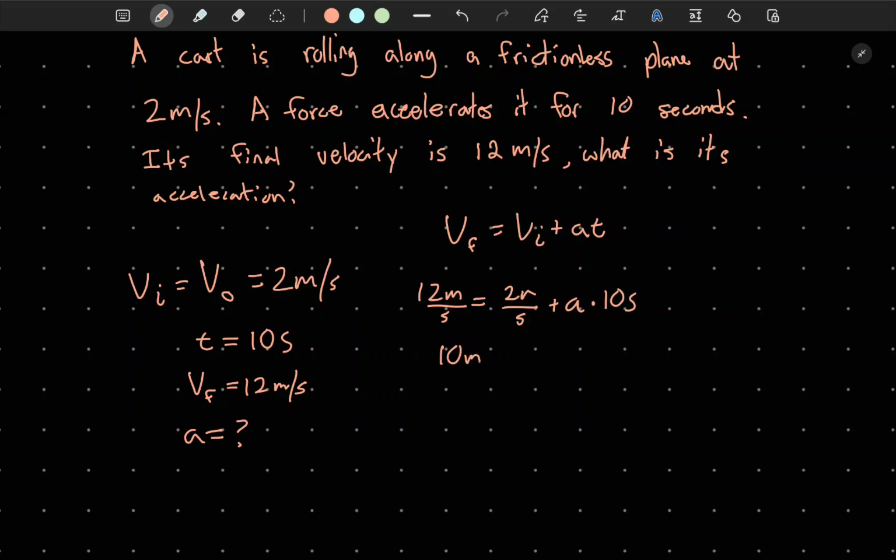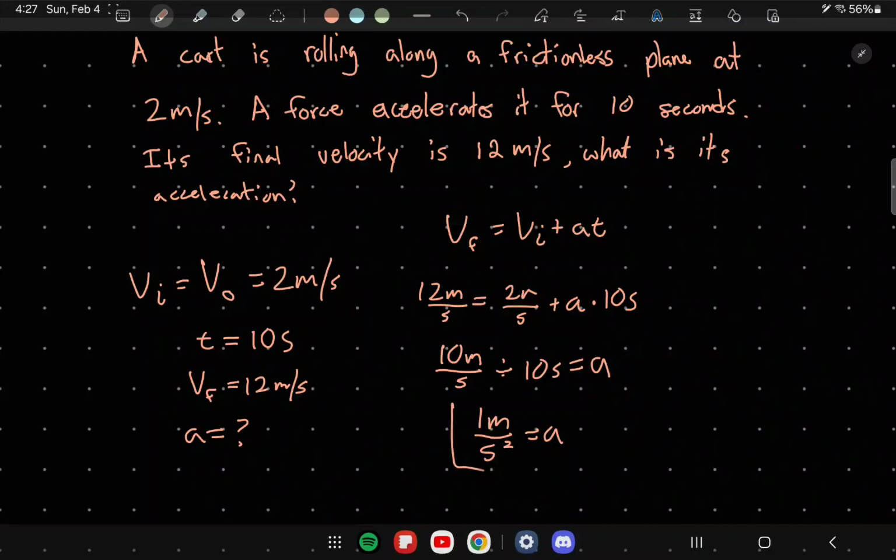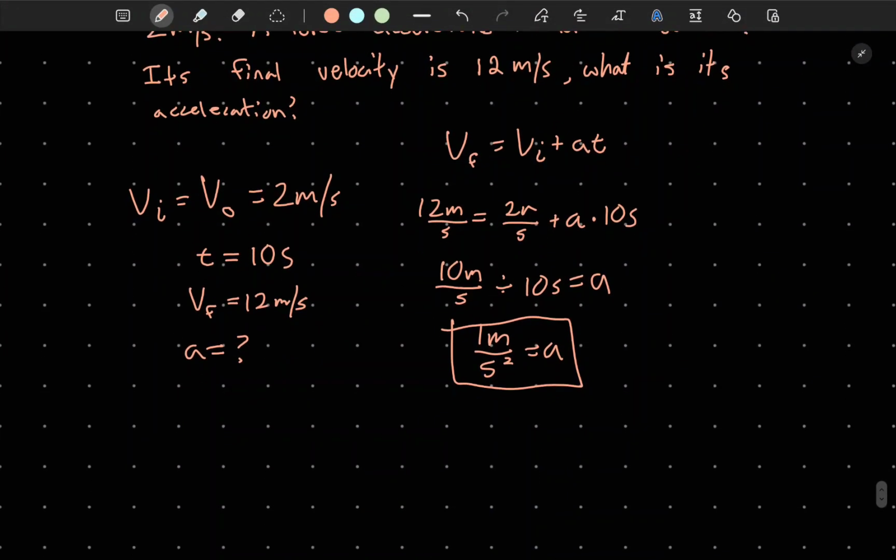And this gives us 10 meters per second if we subtract v initial like this, divided by 10 seconds, is equal to a. And then this becomes 1 meter per second squared equals a. And that's how that works.